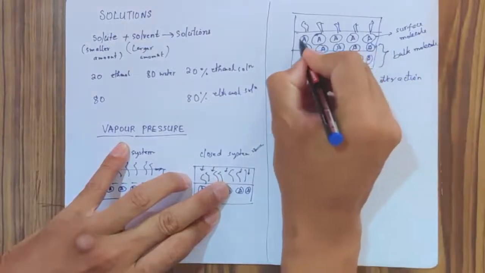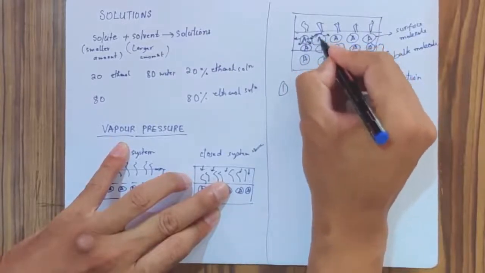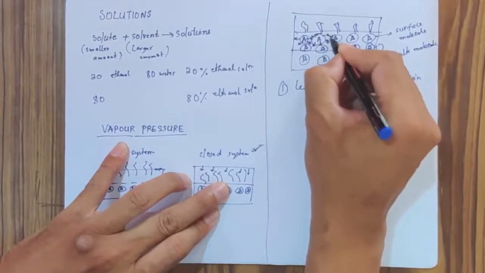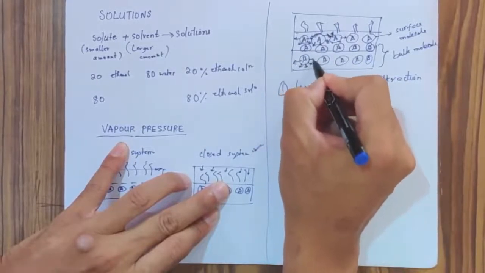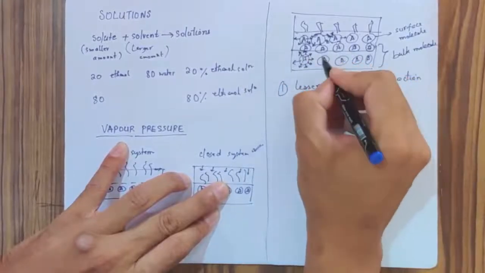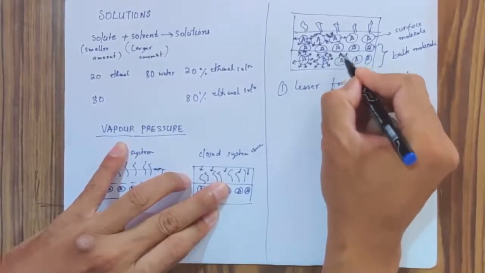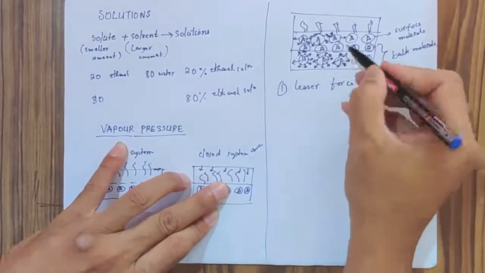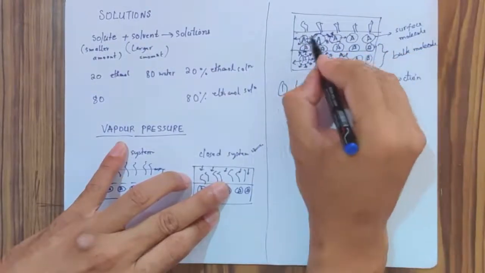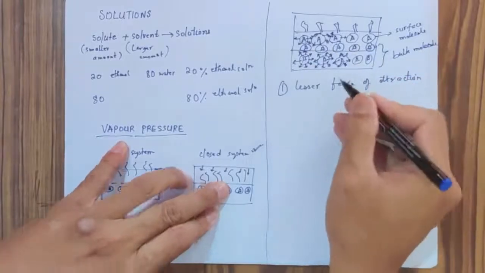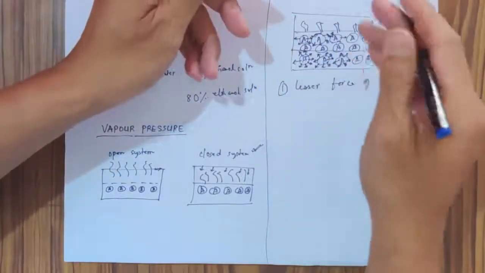Bulk molecules have interactions with other molecules on every side, no? Compare the surface molecules to the bulk molecules. The surface molecules have lesser force of attraction, so more freedom. When temperature increases, surface molecules evaporate faster.